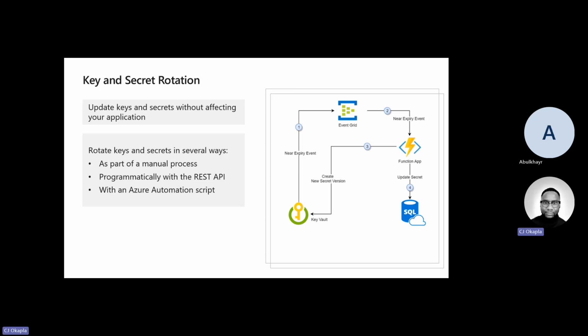There are 3 ways to do that. It could be part of a manual process, you can do it with REST APIs programmatically, or you can use automation scripts in Azure to do that.